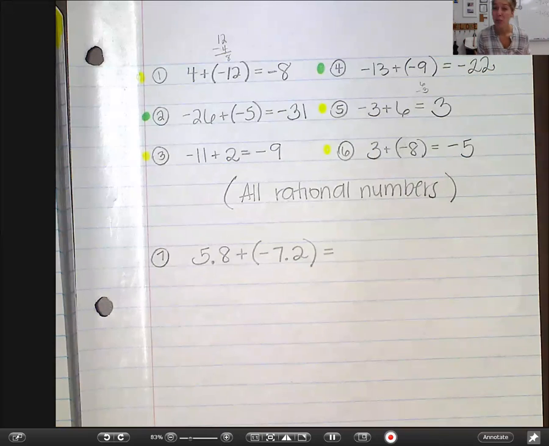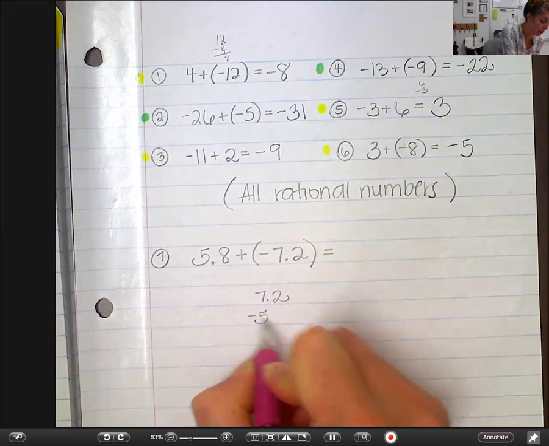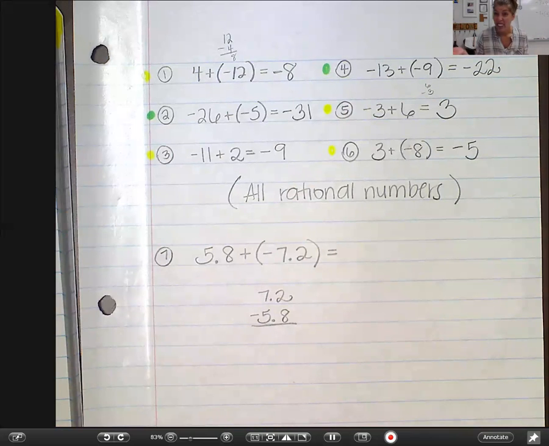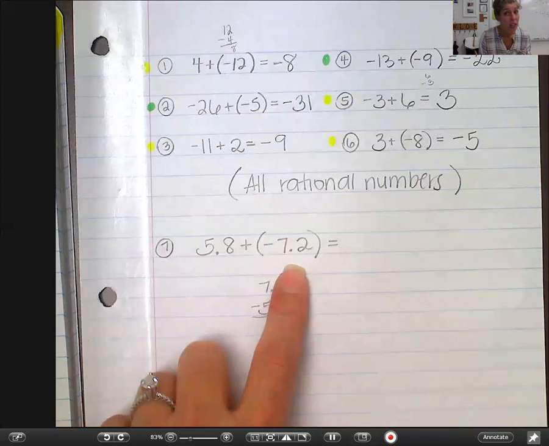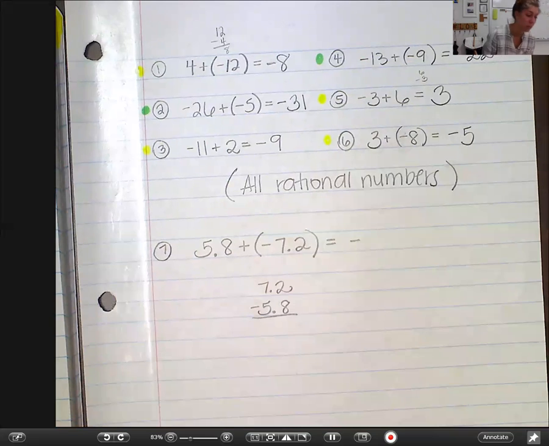Yes or no? They do not have the same sign. So what I'm going to do is subtract their values. Big minus small. Okay. Now again, I liked how I did that before. I'm going to decide if my answer is positive or negative right now before I keep going. So I've got a positive 5.8, negative 7.2. There are more negatives in this problem.